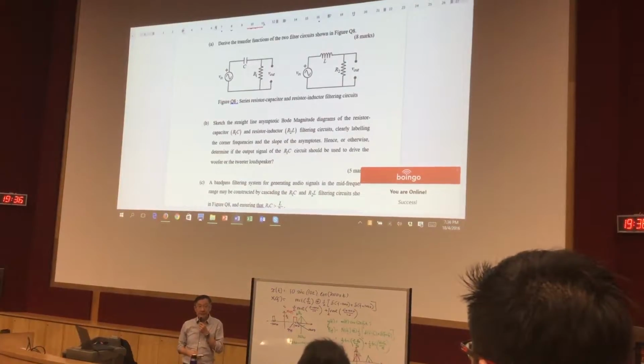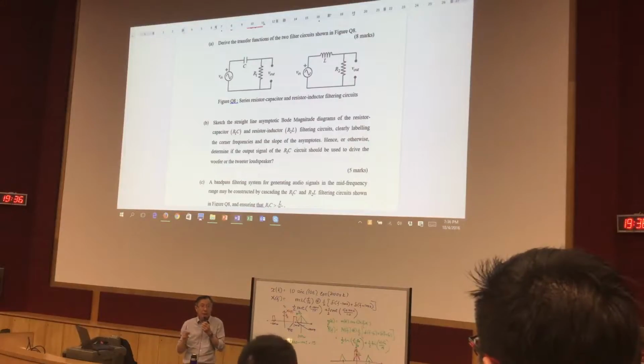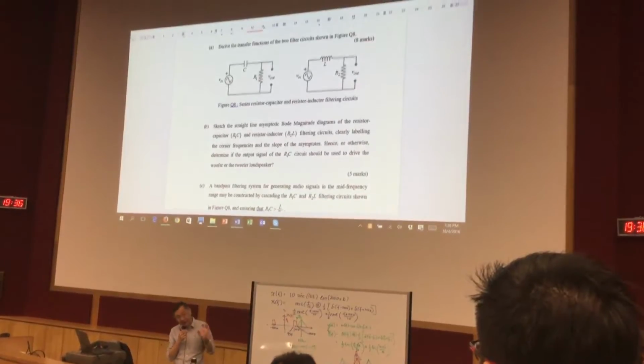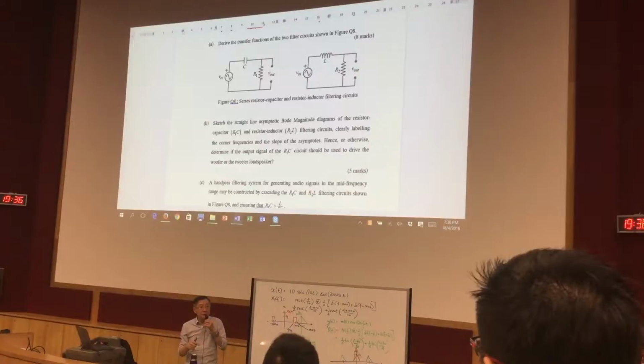But the RC circuit will have a zero and a pole. Okay, then the question is, if you have a zero and a pole, where are these guys? Where are the corner frequencies? Once you know the corner frequencies, then you know what needs to be done. Okay, so that's the tricky part. I'll show you the solution afterwards.